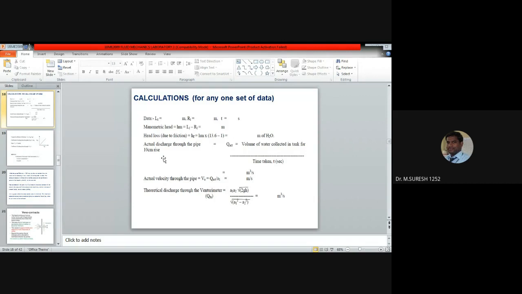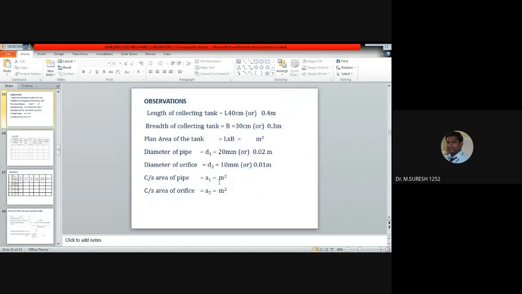And after calculation of actual discharge, you need to find out actual velocity through the pipe. Q actual, I mean this actual discharge divided by area A1. So A1 you know through D1 diameter. Yes or no? Diameter of the pipe D1, you can calculate A1.